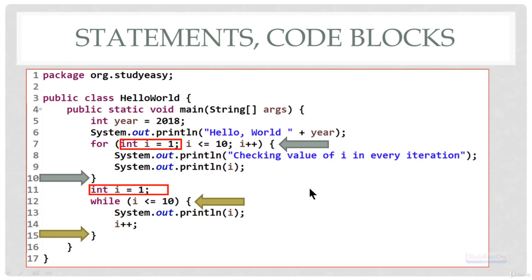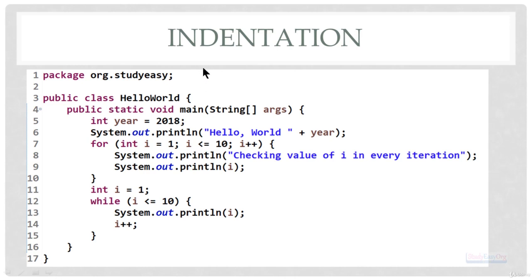Alright, now moving forward, if we check the indentation of this program, then the indentation makes this program more readable. We can easily make out that line numbers 8 and 9 are shifted towards the right. Likewise, line numbers 11 and 12 are again shifted towards the left.